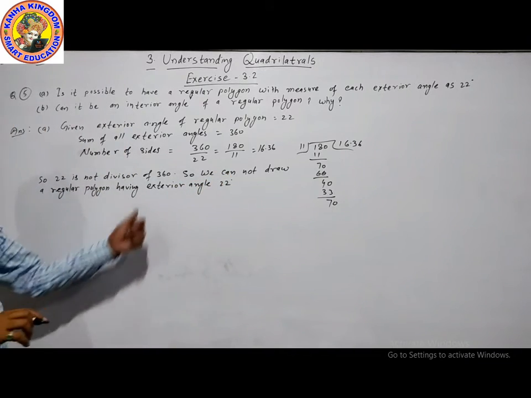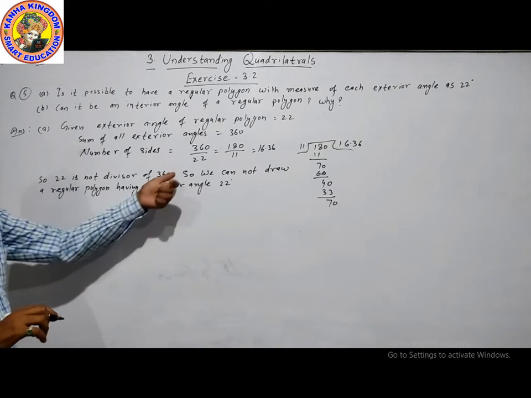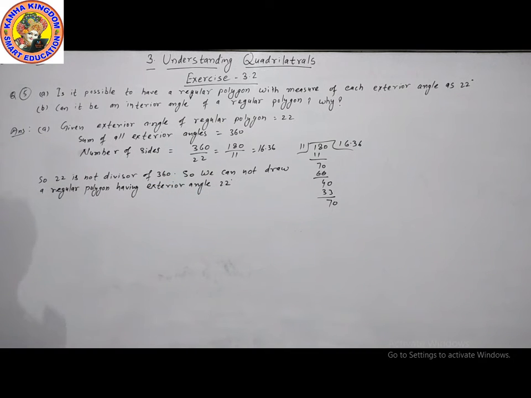So with exterior angle 22 we cannot draw a regular polygon.